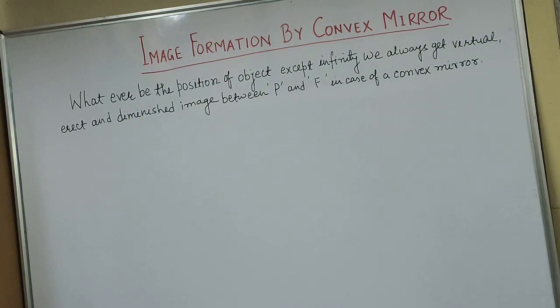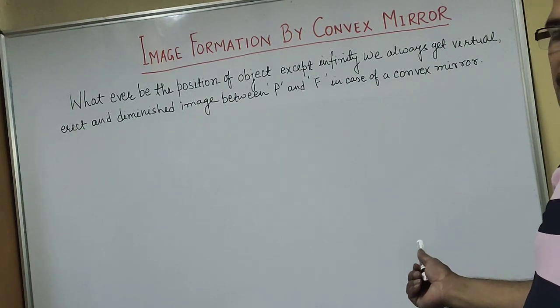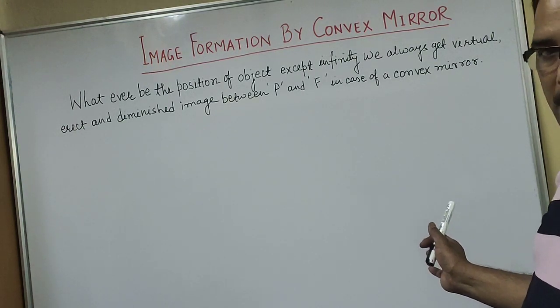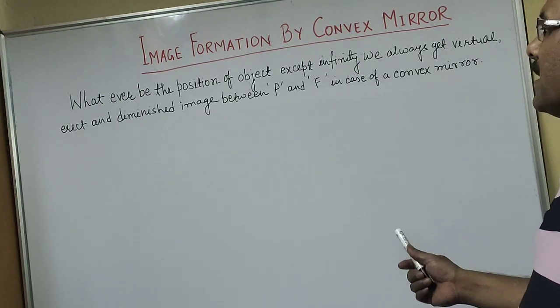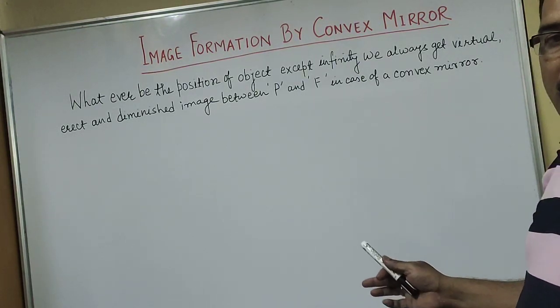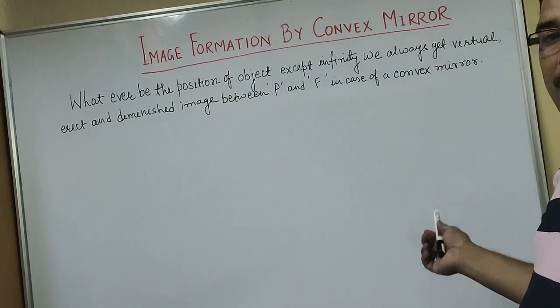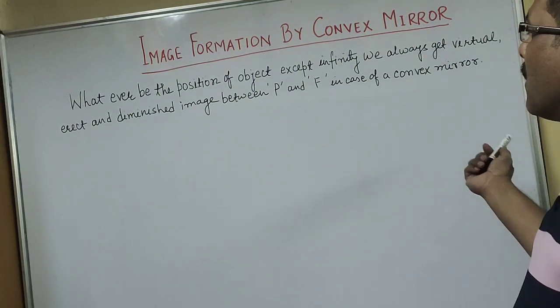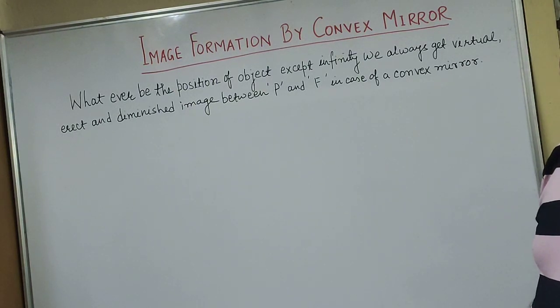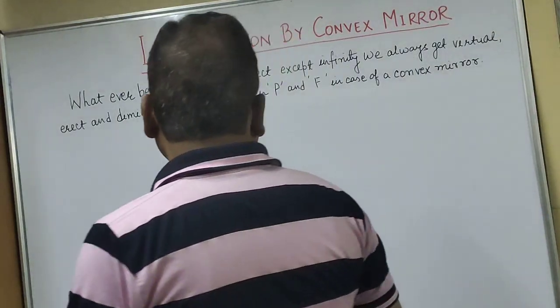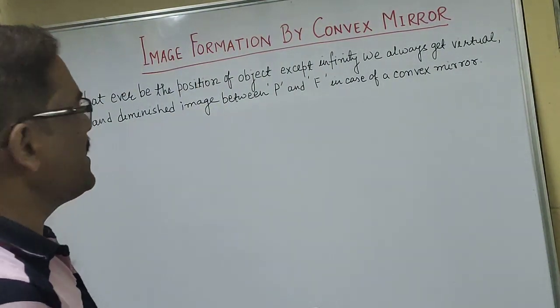You must note that except infinity, for the rest of the 5 positions, it means when the object is beyond C, at C, between C and F, between P and F, and at F, in all the cases you will get virtual, erect and diminished images. So let us consider 2 important cases.